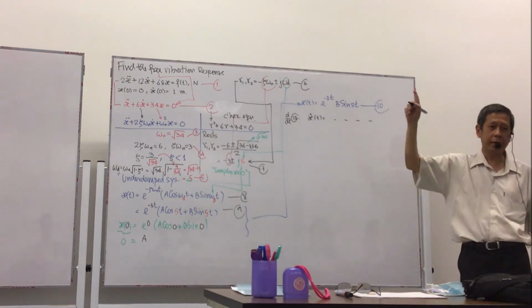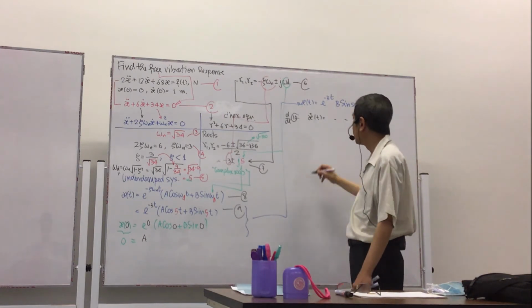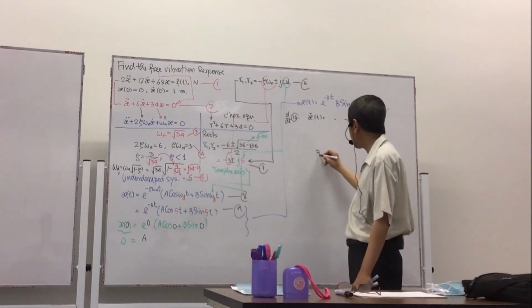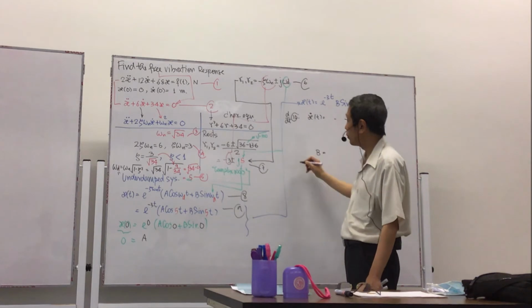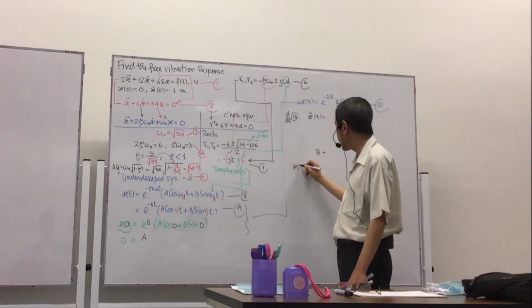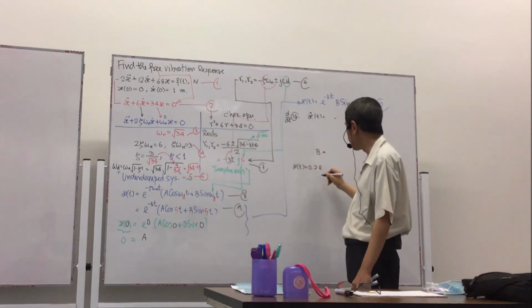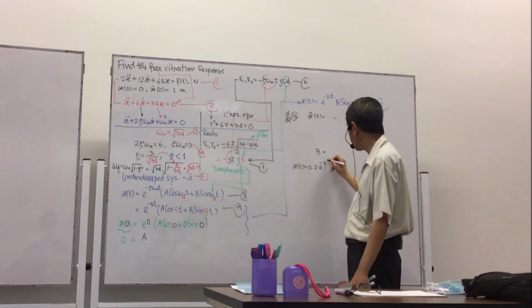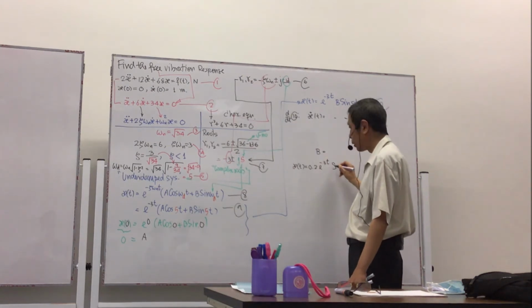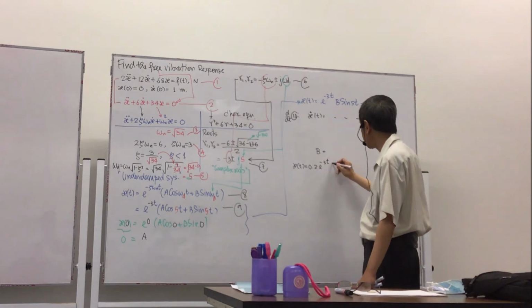What I will show you is that you get the value of b, and the final result for the free vibration response is x of t equals 0.2 e to the minus 3t sine 5t.